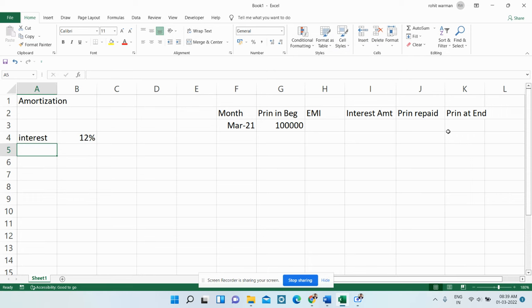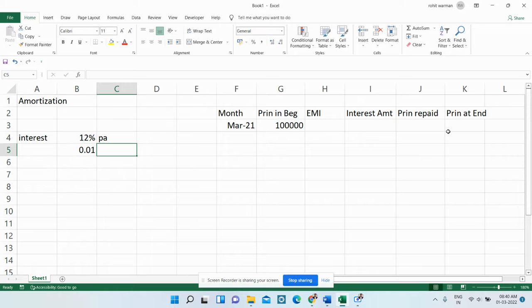I will tell the logic of why I've taken 12% for the explanation. Now remember one thing, since it is monthly and this is per annum, by default, if nothing is specified, you have to assume that this 12% per annum is compounding monthly. So we always divide by 12.